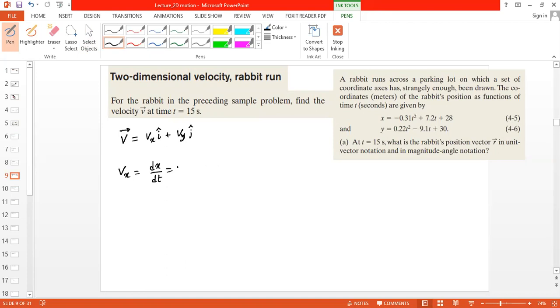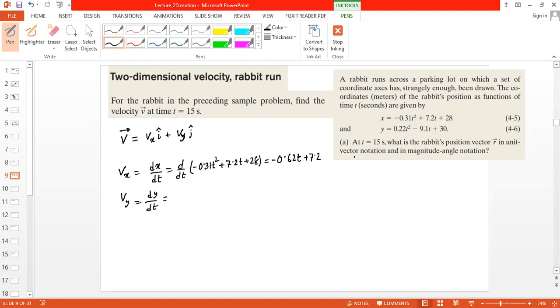So that means d/dt of minus 0.31 t square plus 7.2 t plus 28. I have to differentiate this with respect to time. So this will give me minus 0.62 t plus 7.2. Clear? Is that okay? Do you all know differentiation? Yes, sir. Okay.